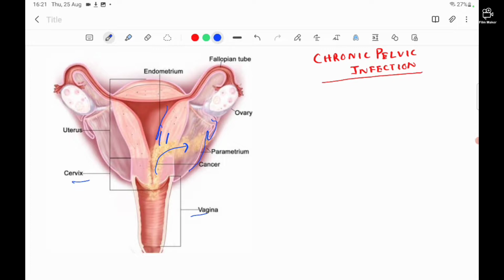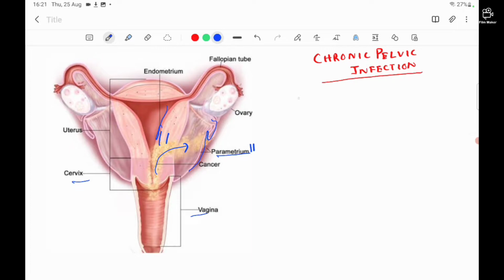If you palpate the genitalia through the rectum, you might feel the destructive processes happening in the parametrium. So that's why I have given this diagram and tried to explain it to you first.